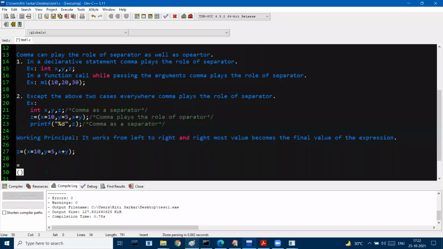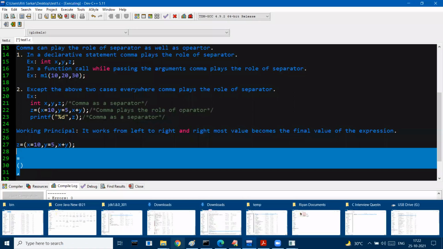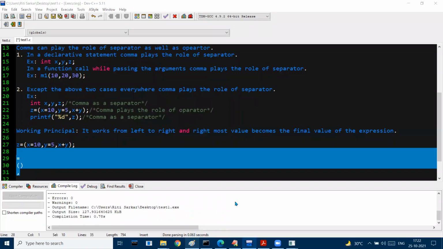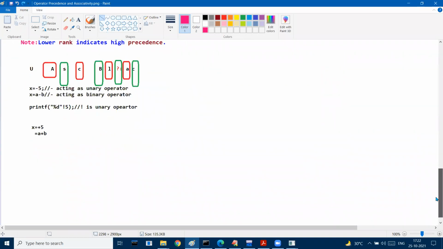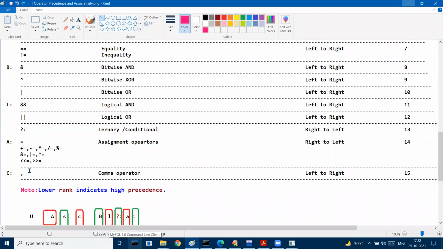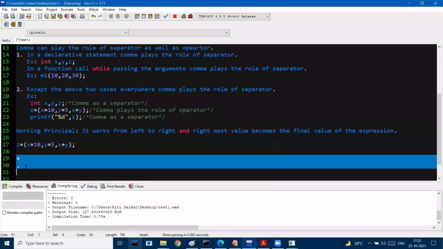And we have the comma operator. Comma has the least level precedence. Check it out. Comma normally has the least precedence, the very last level. But here in the expression, you put the comma inside the brackets. Suppose someone asks who has higher precedence between assignment and comma.